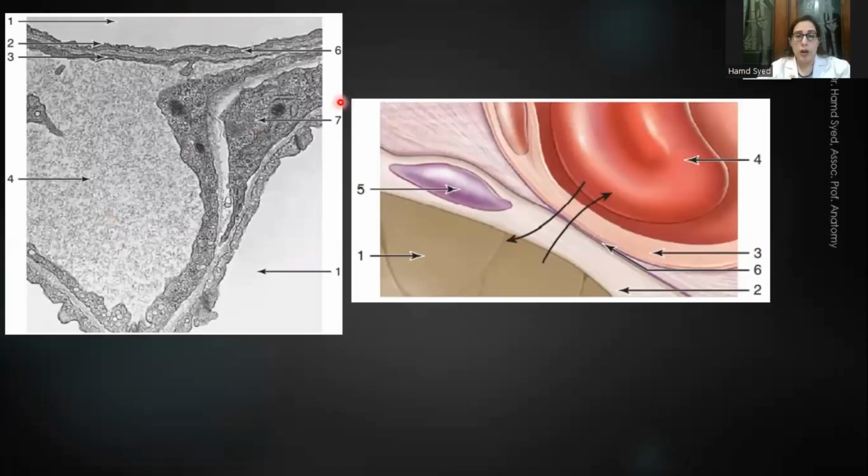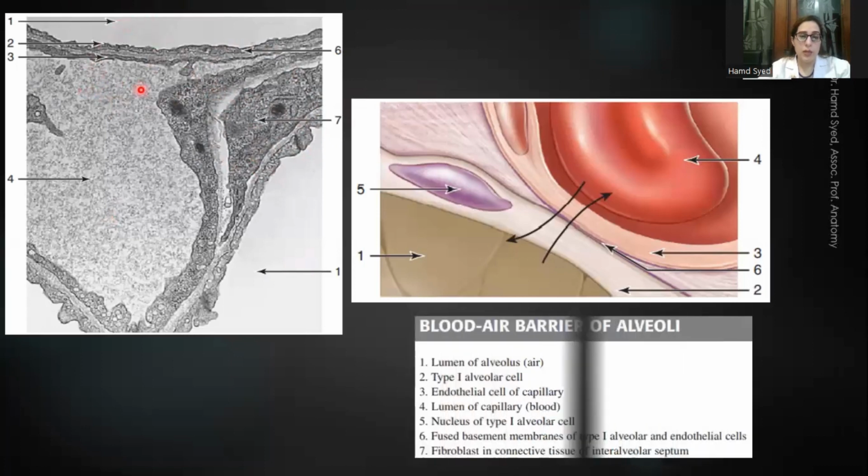These are the similar micrographs, the transmission electron micrograph. It is quite similar to the one I'd shown you before of the respiratory membrane. So over here, we can see the respiratory membrane: number 1 is the lumen of the alveolus. And you can see that number 2 is the type 1 alveolar cell lining this alveolus, whereas number 3 is the endothelial cell.